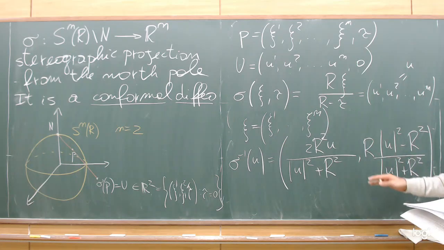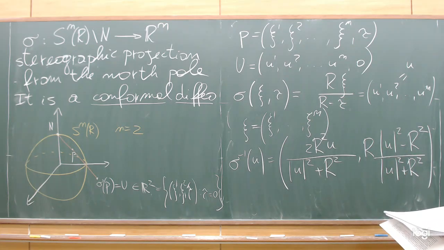This map is clearly smooth, and this proves that sigma is a diffeomorphism.